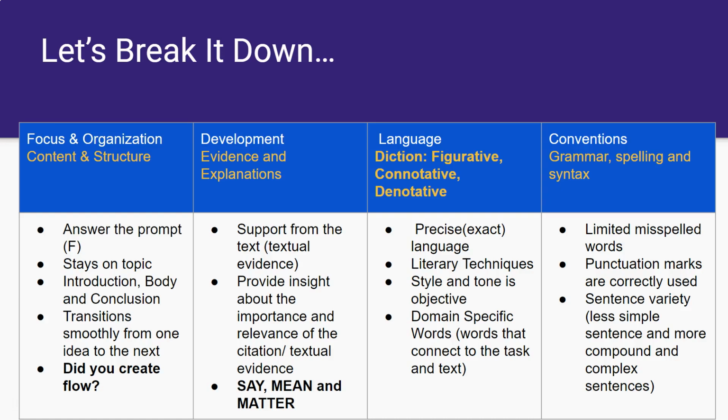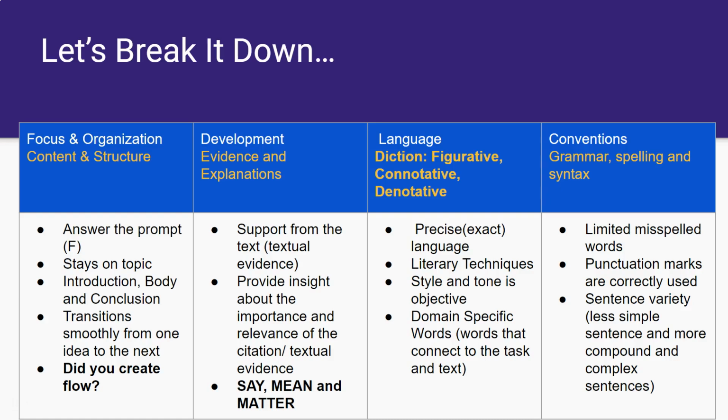In other words, these are words that connect to the task and to the text. That's that word glue that we're talking about. Use words that you have identified from your prompt in your text and put those things into your paragraphs. Just don't stick it there. Remember, we have to have flow.